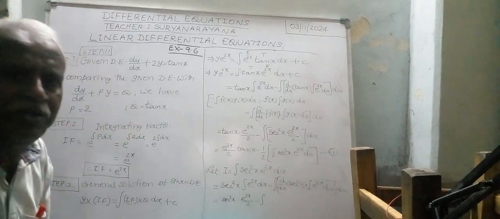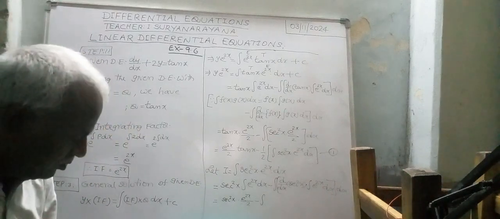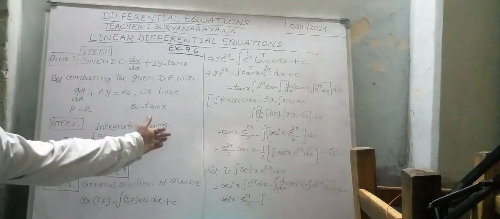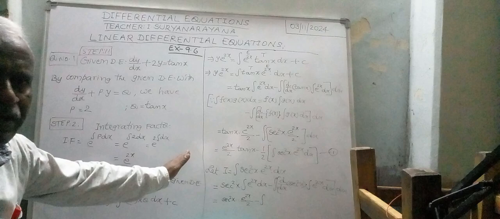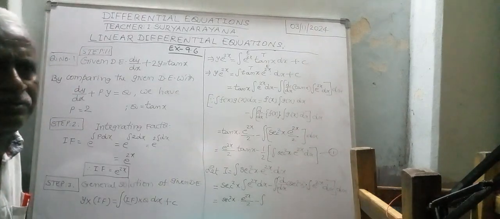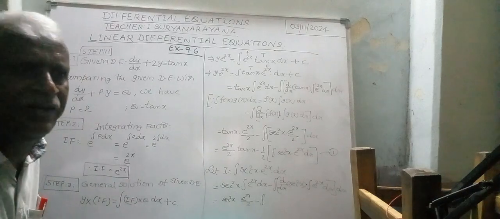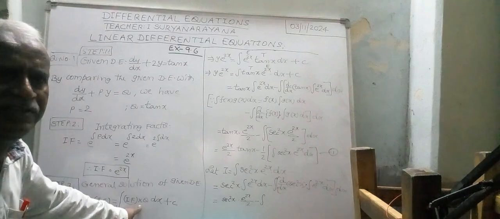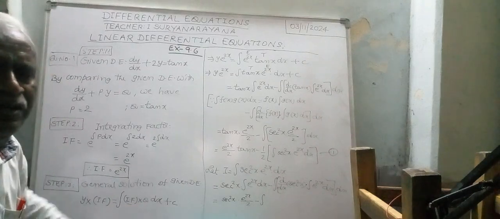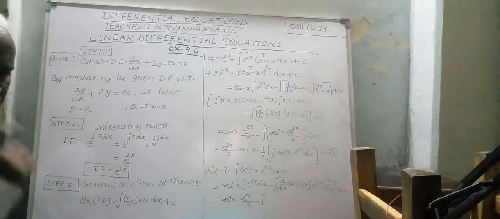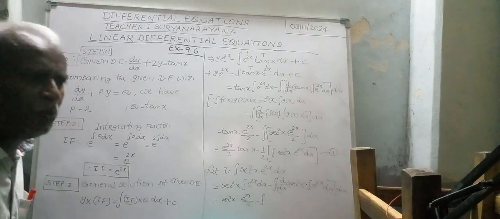You try questions 2, 3 and 4. Here it is nothing but the integrating by parts method. After this step of the general solution of the linear differential equation, we are using the integrating by parts method only. Nothing else, no new point.